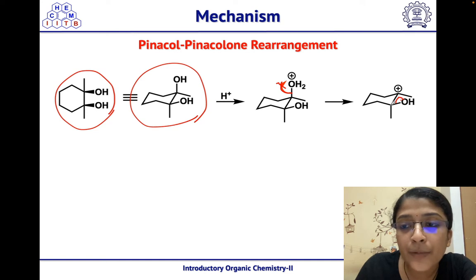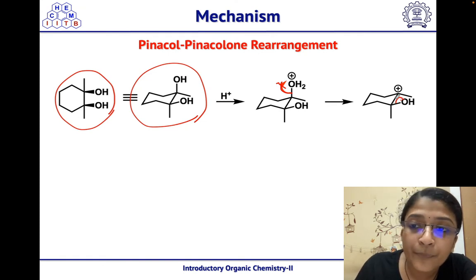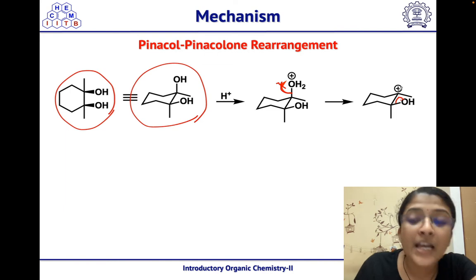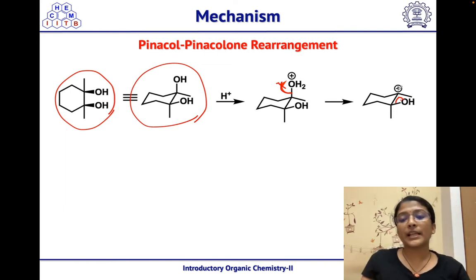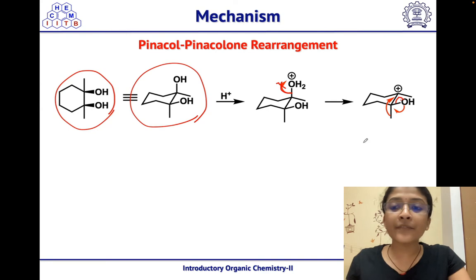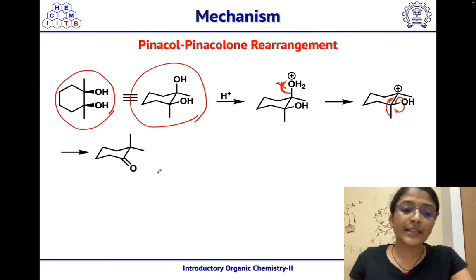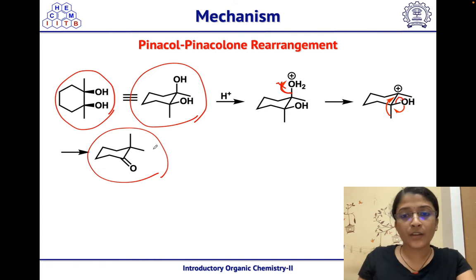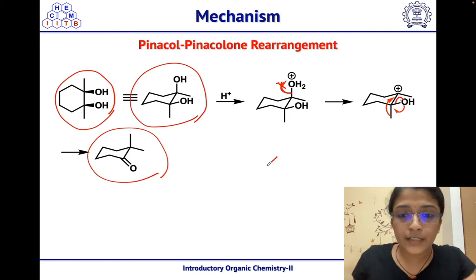This carbon-carbon bond's lobes cannot interact with this empty orbital of the carbocation, and this sigma star of the methyl group is able to interact with this empty lobe of the carbocation and donate electrons towards it. That is the reason why this methyl group is migrating, and we will get this ketone with migration of the methyl group.